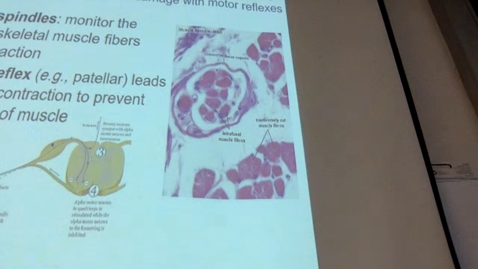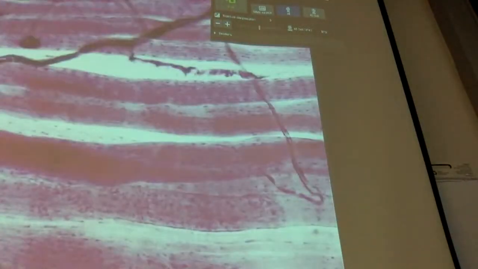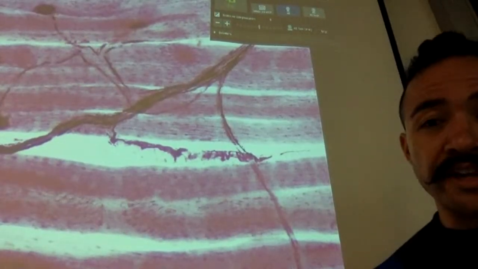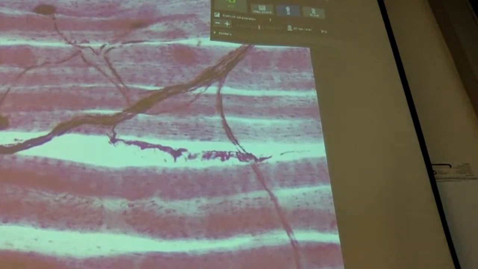We do have a slide of this, so let me pull that up. Okay, all this should look pretty familiar, hopefully. We are at 100x total right now.